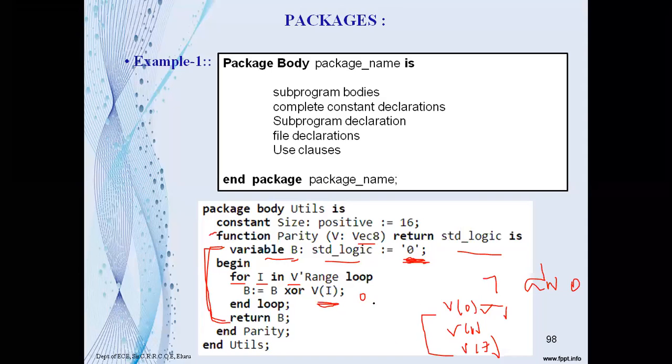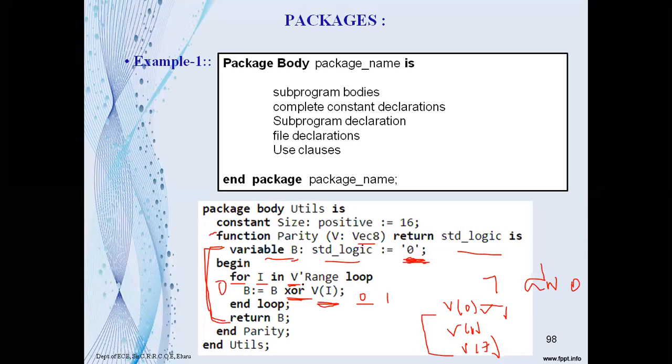Say 1. Now it performs the exclusive OR operation between the 0 and 1. The exclusive OR operation results in logic 1, right? Logic 1. Now this loop will be repeated how many times? It will be repeated for v range number of times.